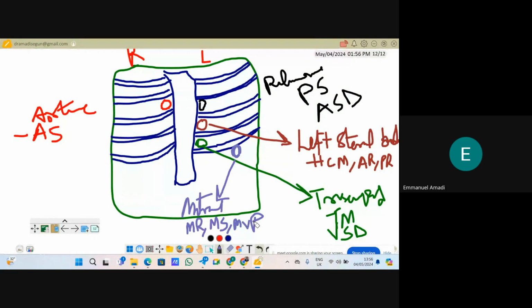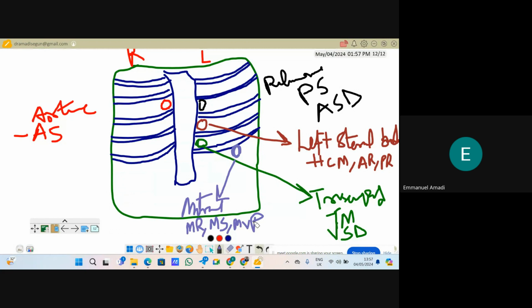That is the language of cardiology. Is there a murmur? Yes, there is a murmur. Where did you hear this murmur? What are the characteristics of this murmur? He's asking you for location, because once you tell him location, he narrows it down to specific disease conditions. That is how they also want you to be thinking. You need to think like them.